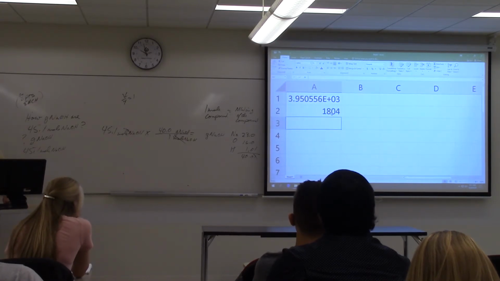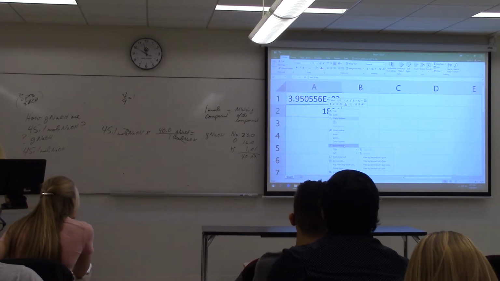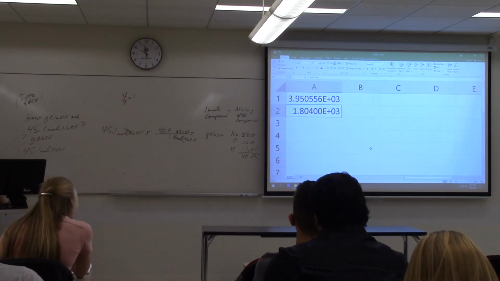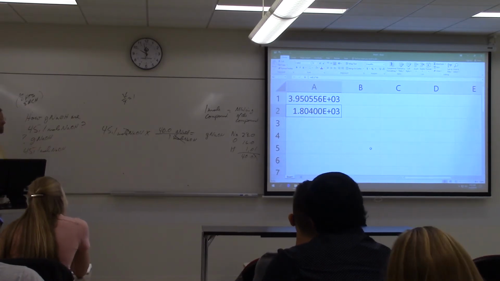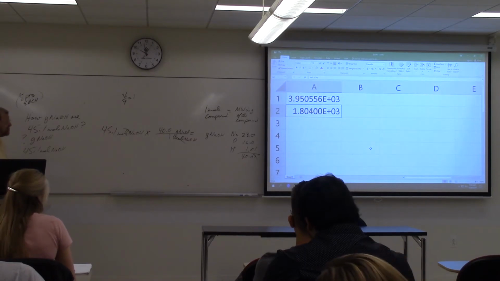And this is the number my calculator gives me. Let's put it in scientific notation, because most of you will have that. Your calculator in scientific notation. And this is what my calculator gives me. And if I look at this, I have 3 significant figures. How do you round that off to 3 significant figures?